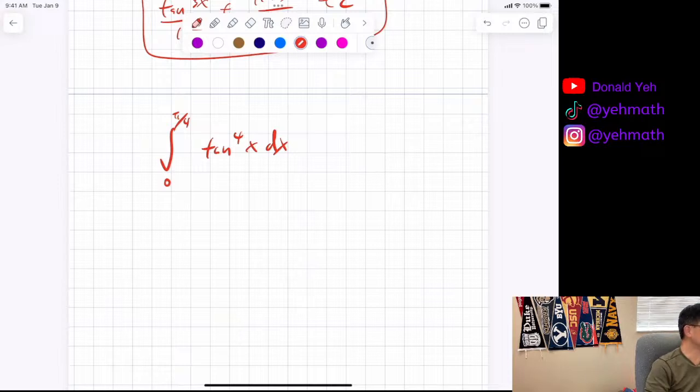But it's definitely a similar idea to even power, but doesn't have any power reducing, I think.